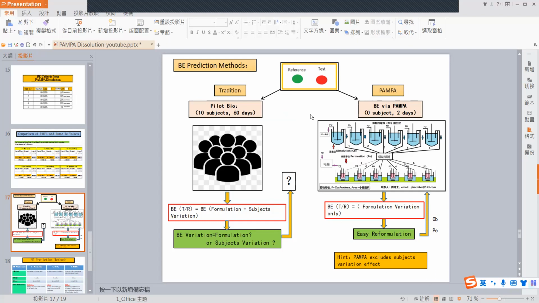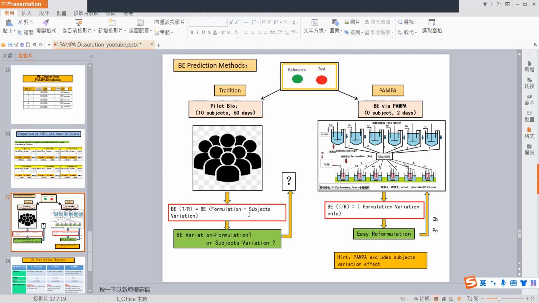What this PPT shows us is this. By tradition, if you do the pilot bio study, usually we need to recruit about 10 subjects, and the whole length of time is about 30 to 60 days. And even when you have done the bioequivalence study, there will still be data variation because of the formulation variation plus the subject variation.